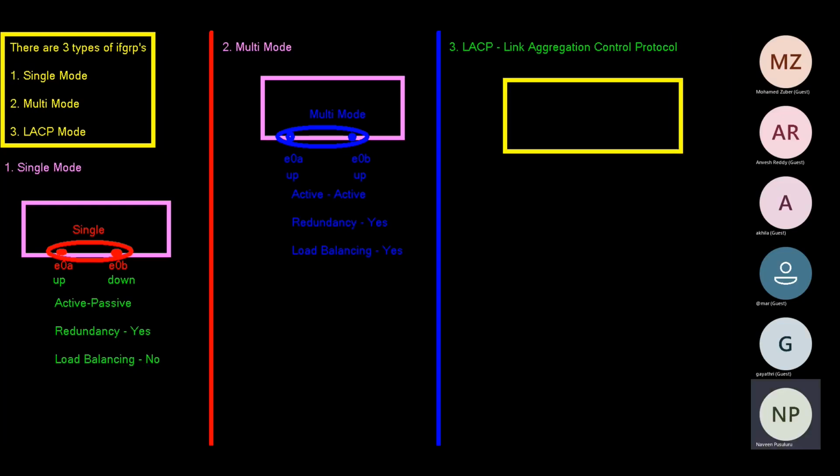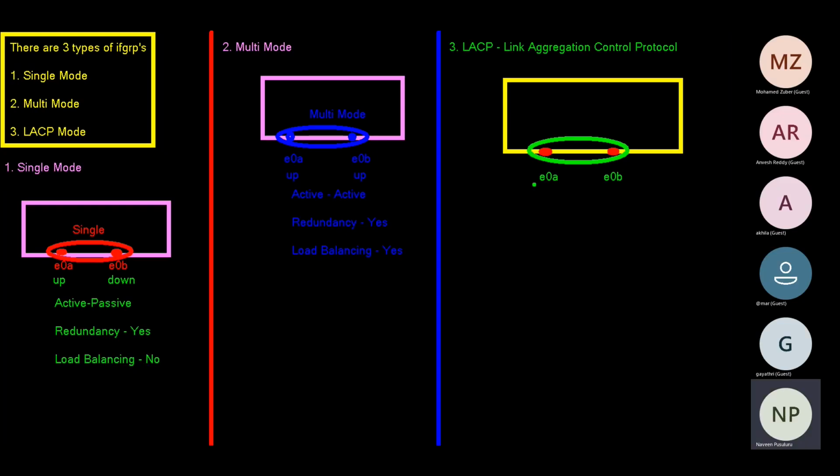So this is a controller, let's assume, and I have 2 ports here. And I'm creating a group on top of these 2 ports. This is E0A. Let's take that E0B.